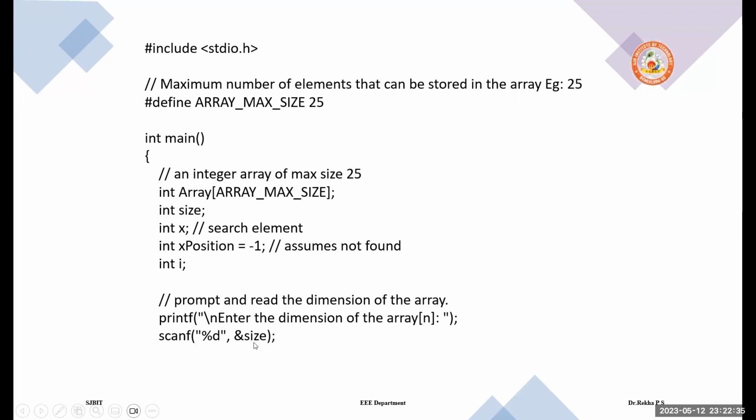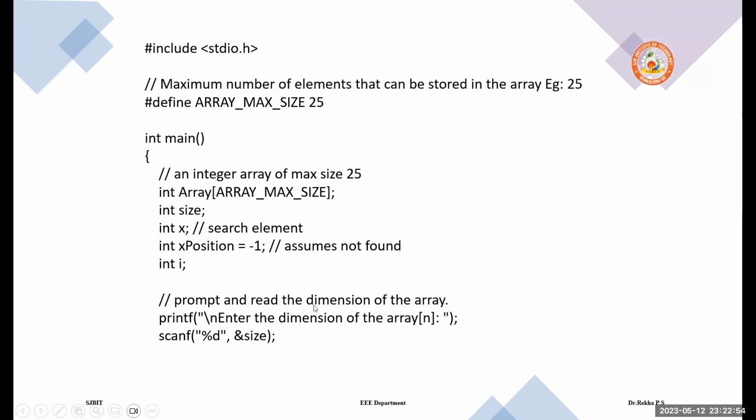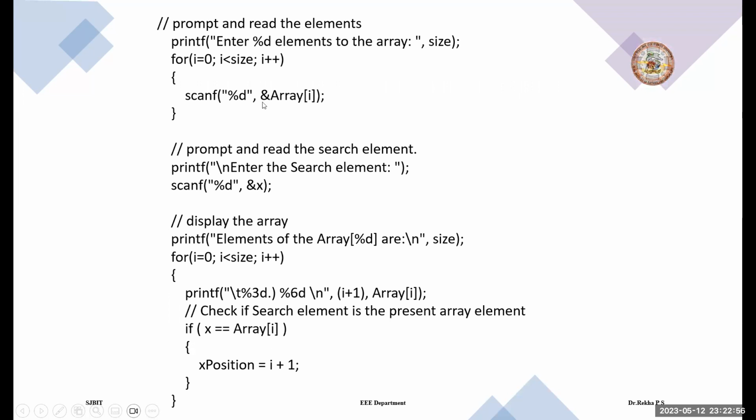This is the syntax for reading. %d indicates it's for integer. We're storing an integer value. Where are you storing? In the size variable. The ampersand is the address operator. After reading that dimension, you have to prompt and read the elements of the array.